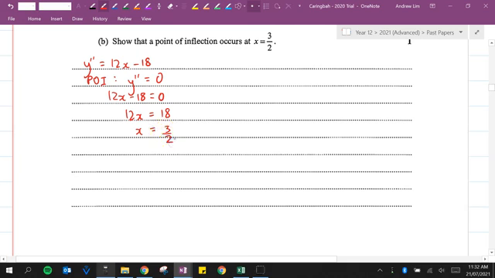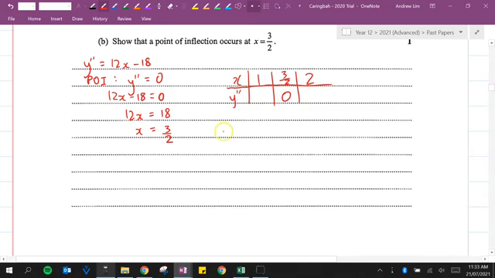Now that's not enough to show that's a point of inflection. We actually need to show that concavity changes. So I'll have x and I'll have y double dash, and I want to test whether the concavity changes around this point. So I'm going to say 1, 3 over 2 is 1.5, and 2. We know that y double dash for 3 over 2 is 0, so I'm just going to put that in right now.